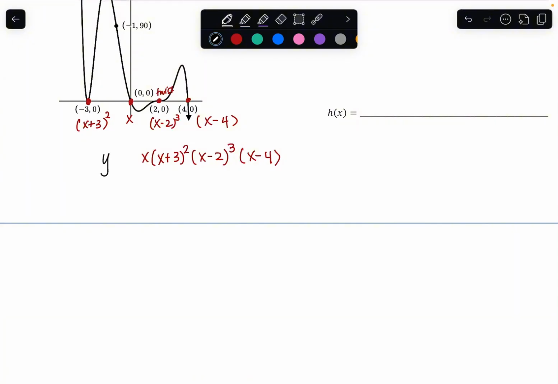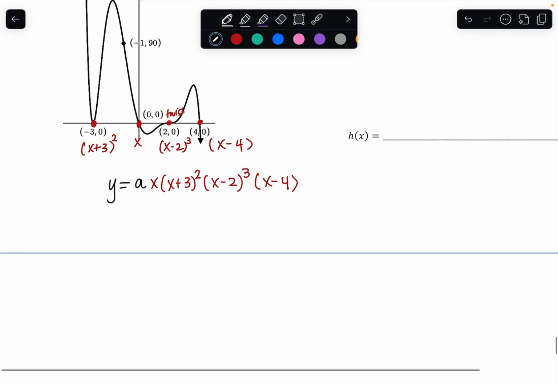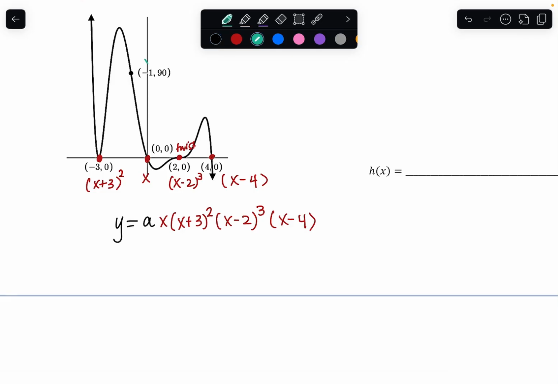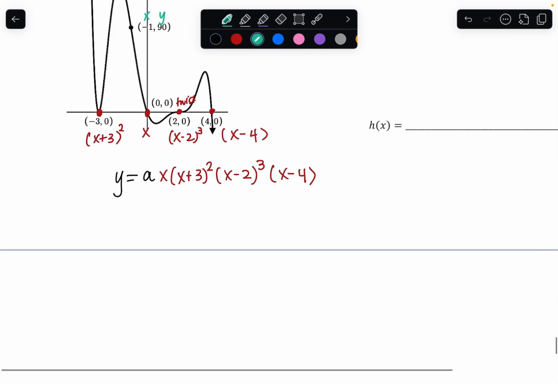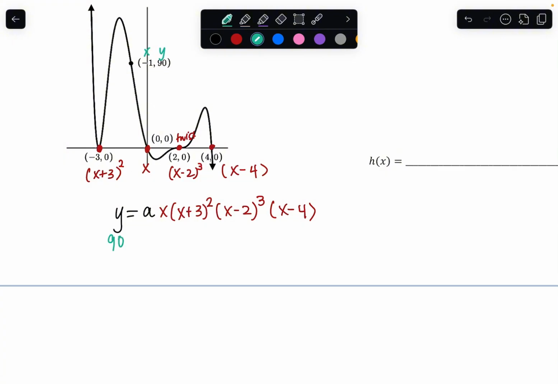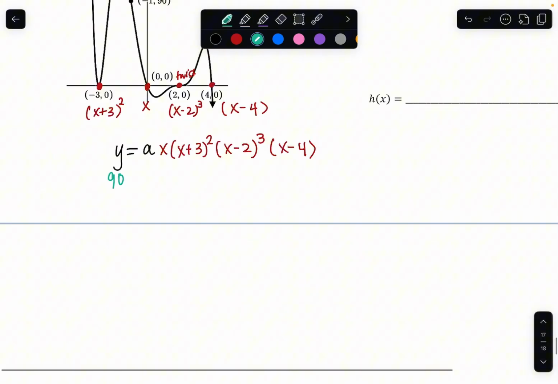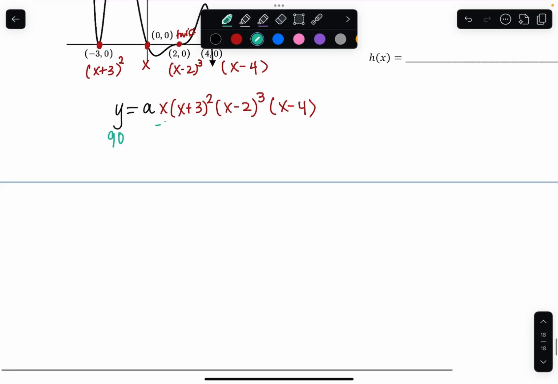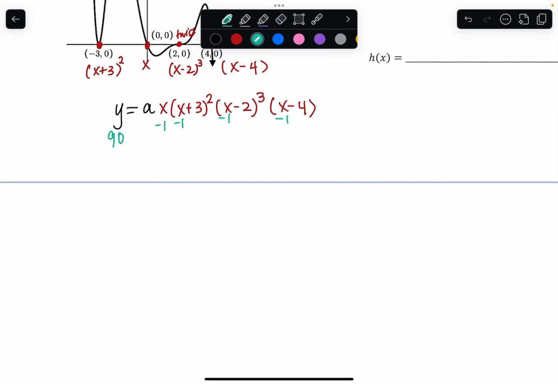Now, we don't know what the leading coefficient is, so I'm just going to put a as a placeholder. And then they give us this random point to give us an x and a y. Okay, and so y is 90 when x is -1. And so we can put -1 here, -1 here for all the x's.